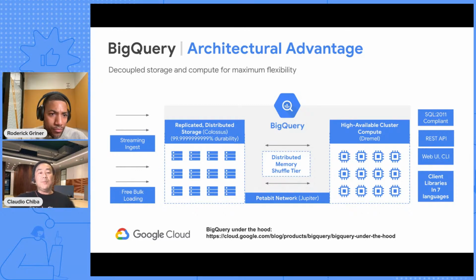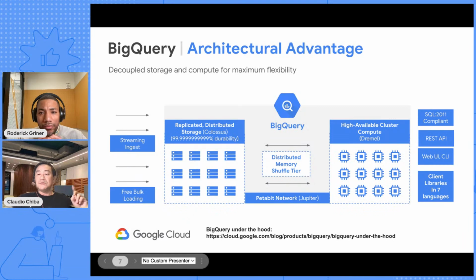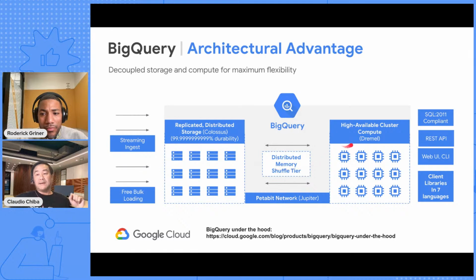Under the hood, BQ employs a vast set of multi-tenant services driven by low-level Google infrastructure. We will mention here Dremel, Colossus, Jupiter, and also the Borg, which is the base for Dremel, and also the Shuffle tier.